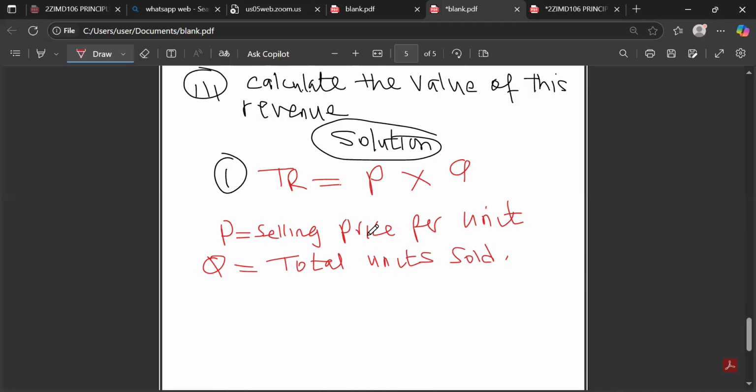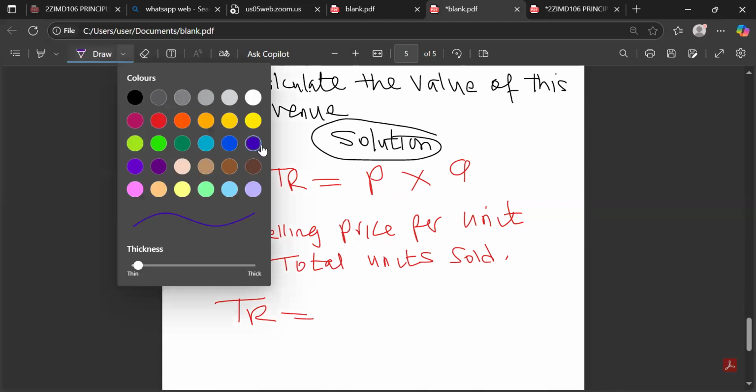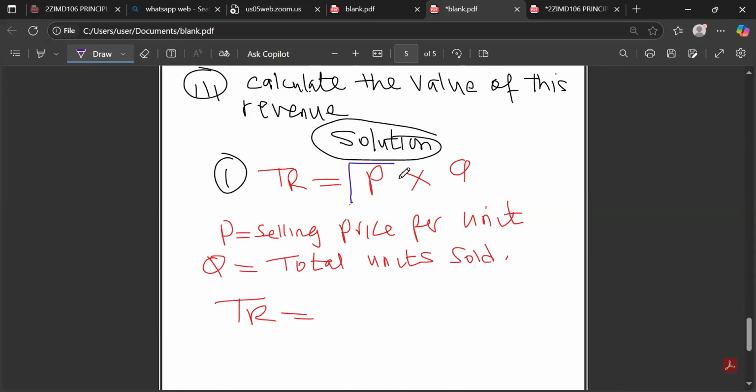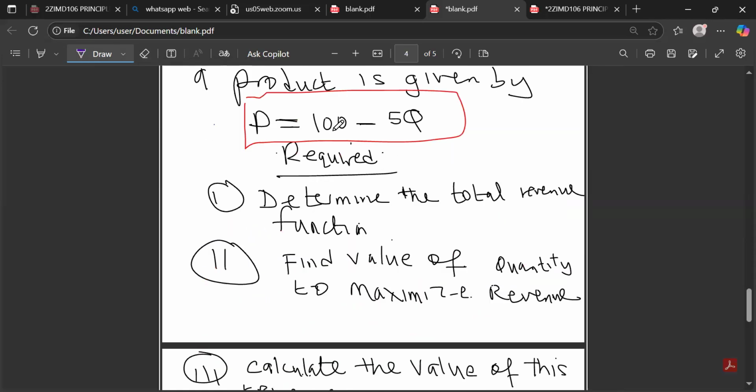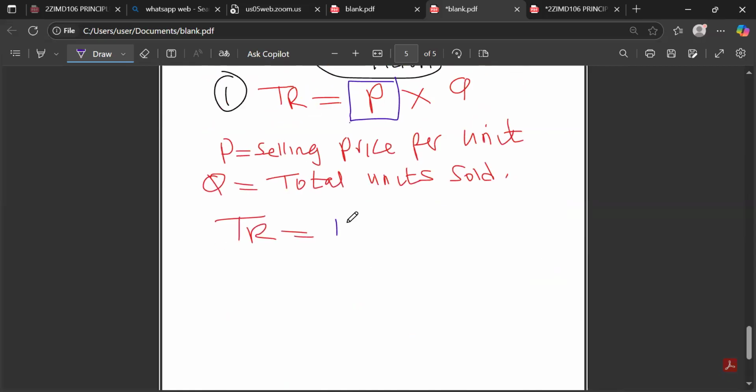So our total revenue now is equal to price. This price we have been given. You substitute it: 100 minus 5Q. All of it is the price. Then multiply by quantity.